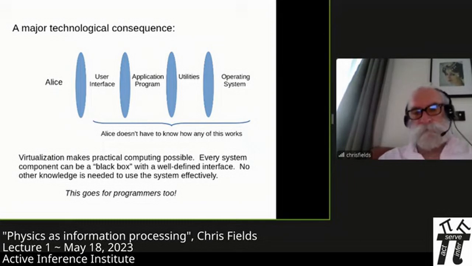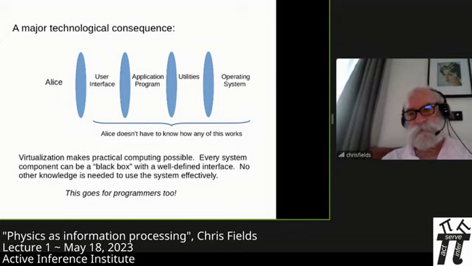Technologically, it means we're free to use virtualization everywhere because we have to deal with it anyway. And this allows us to build multi-level architectures. It means that we can architect computers where no layer of the computation has any idea what's going on below or above it and doesn't need to. And that's what makes practical programming possible.